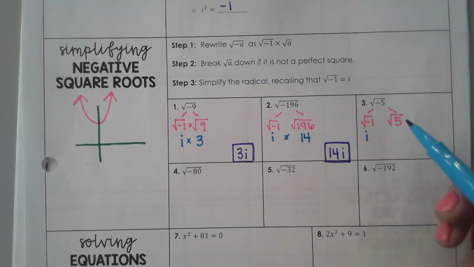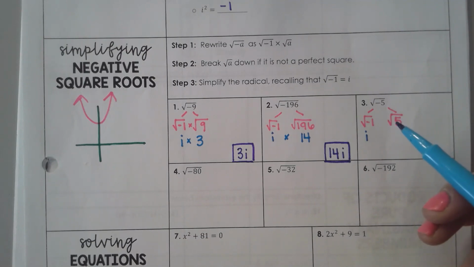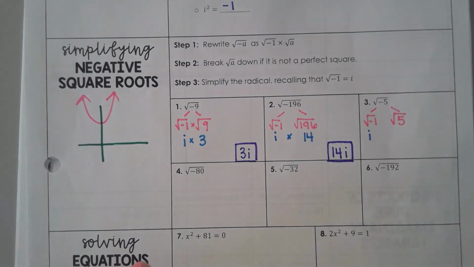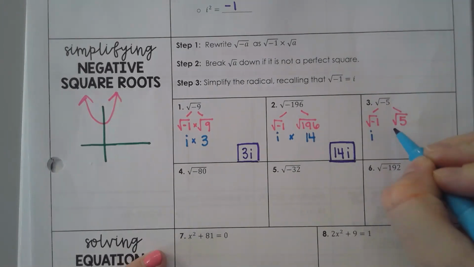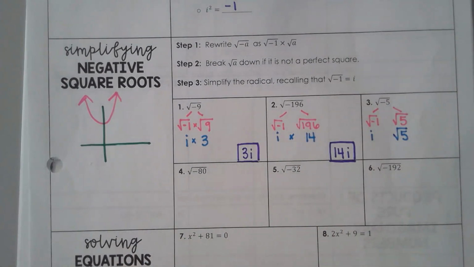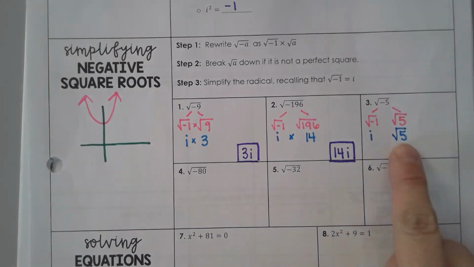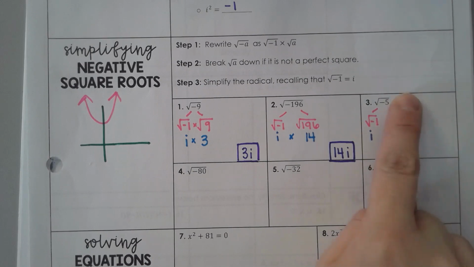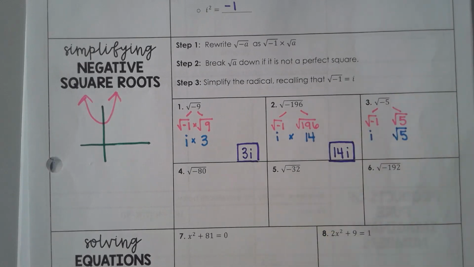Is there a perfect square you can divide 5 by? 1 is the only one, and if we use 1 we would be in a never-ending loop. So if you can't divide it by anything, you just bring it down. The only thing that changed was the negative, which became an i.